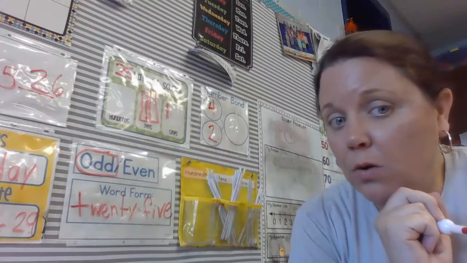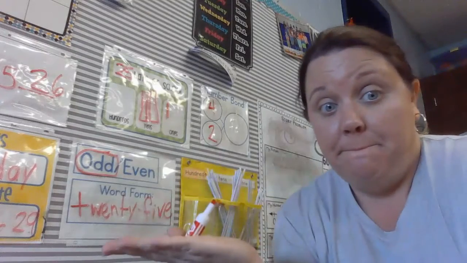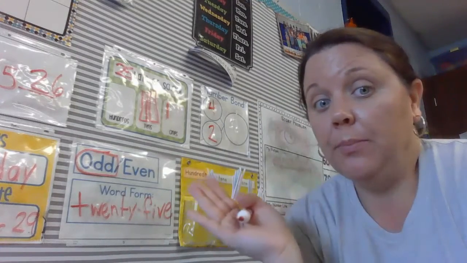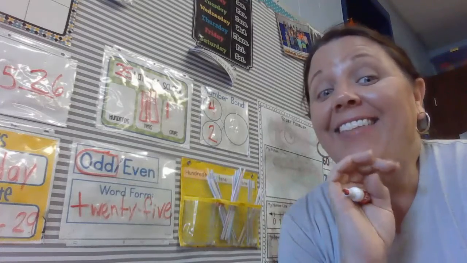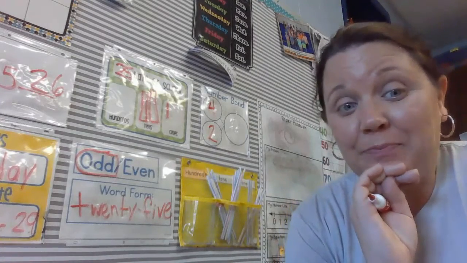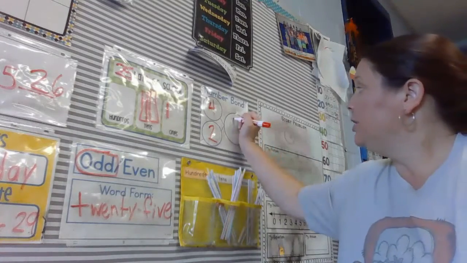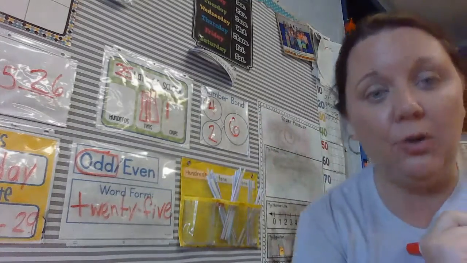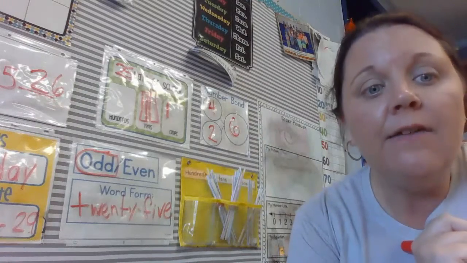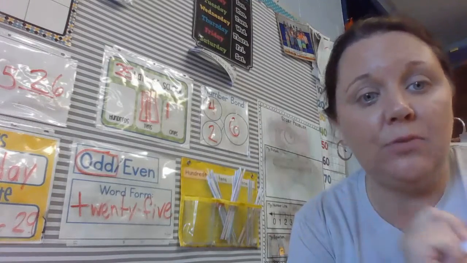Do you know what? They're partners of number 6. 4 and 2 will always make 6. So we're going to put number 6 in the whole of the number bond. 4 and 2 will always equal 6.